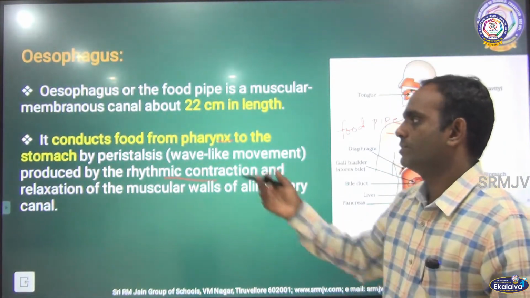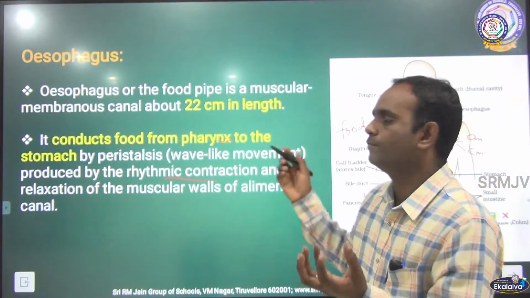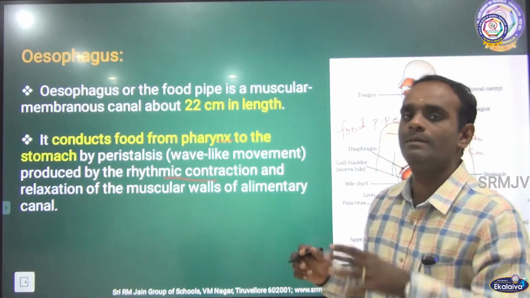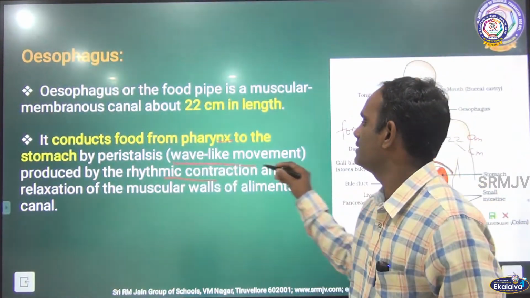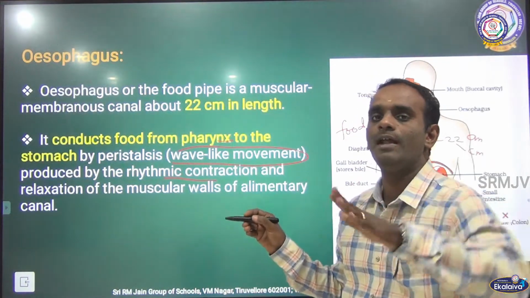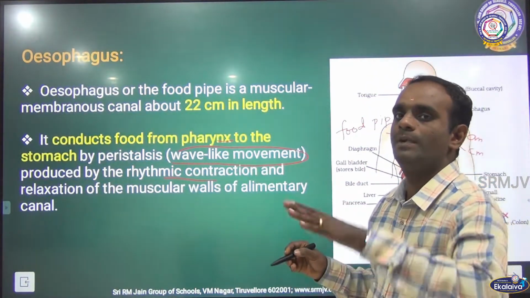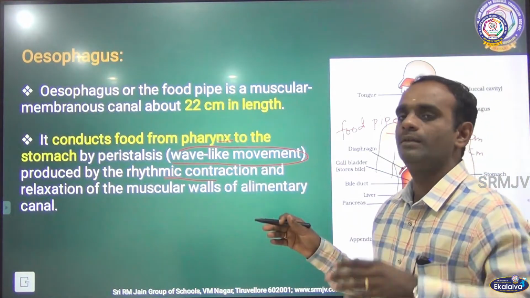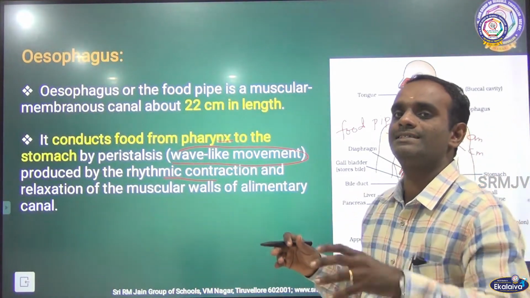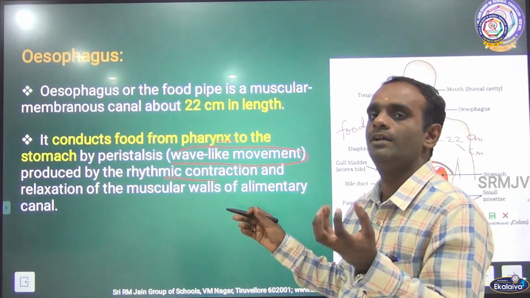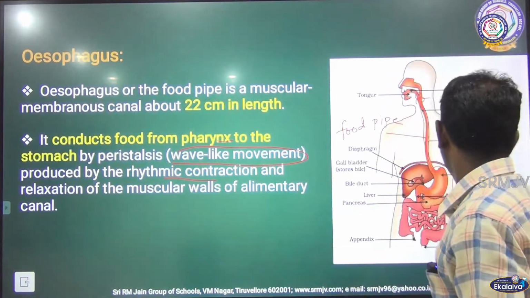Clear, children? So the esophagus conducts the food from the pharynx to the stomach by peristalsis. Peristalsis is nothing but a wave-like movement, produced by the rhythmic contraction and relaxation of the muscular walls of the alimentary canal.